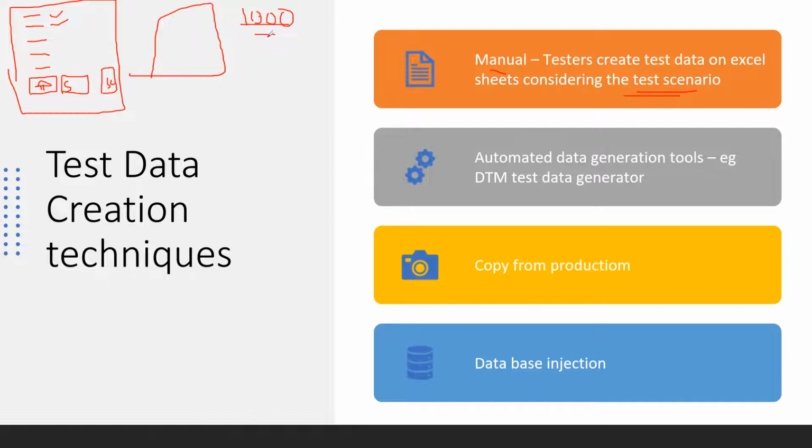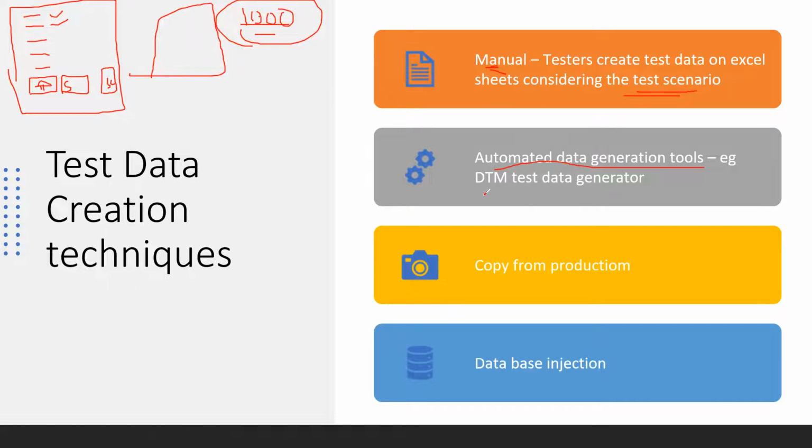So now we need to prepare 1,000 records. Is this really possible if we try manually? No, right? We would need to sit and enter 1,000 people's first name, last name, spouse name, kids name, date of birth. That is not possible at all. So at that time we use automated data generation tools.